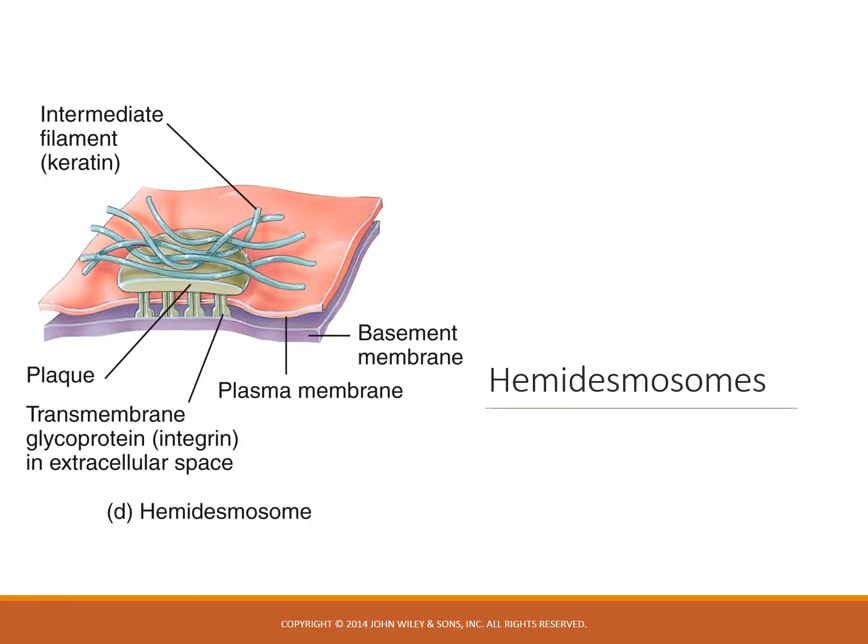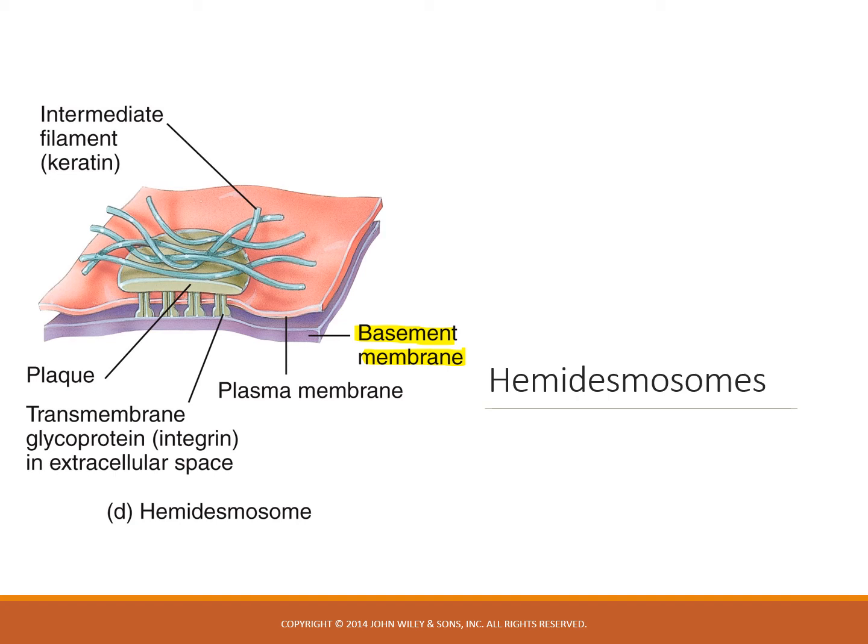Hemidesmosomes are very similar to desmosomes, but they don't connect adjacent cells together. They rather anchor cells to the basement membrane. The basement membrane is a very thin, delicate membrane of protein fibers separating the epithelium from underlying tissues.